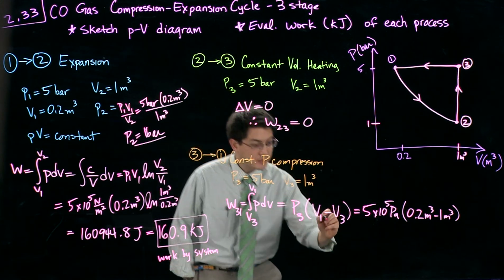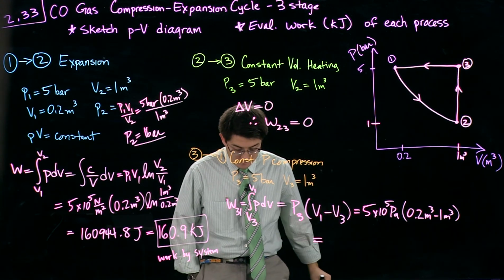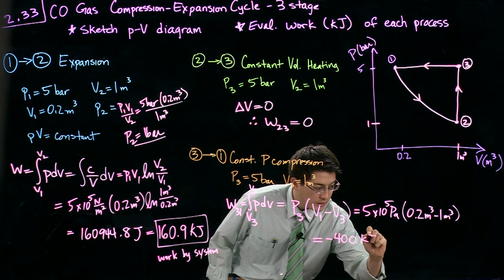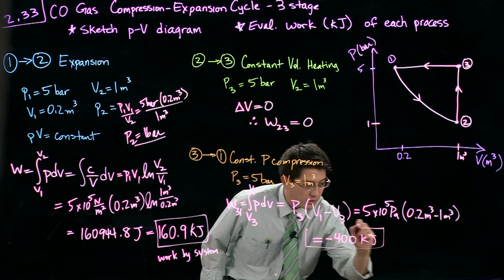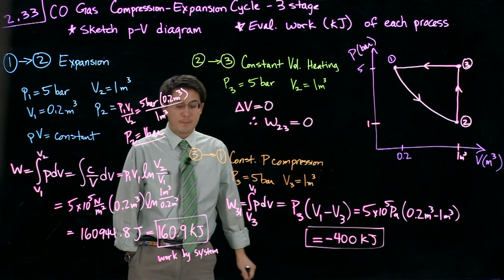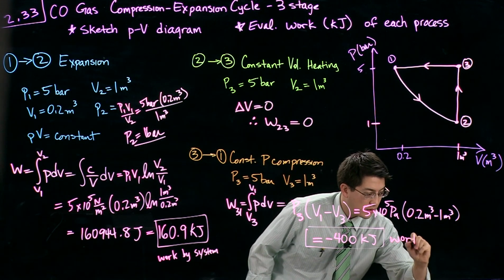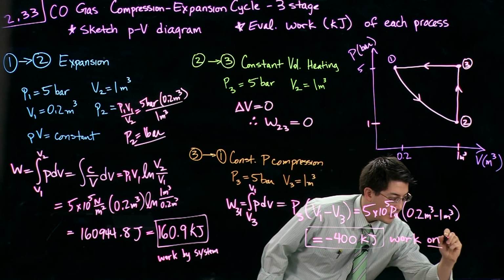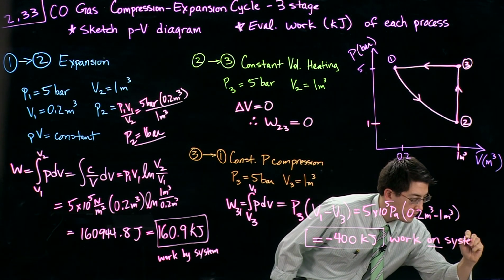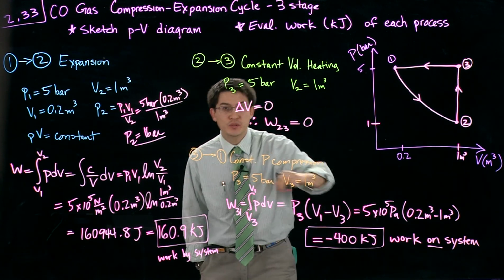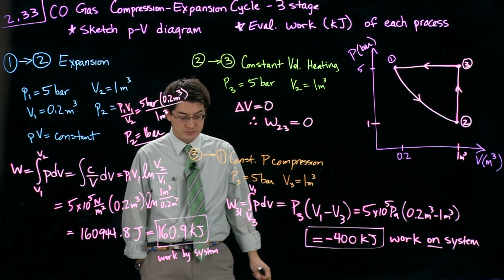This gives us minus 400 kilojoules of work. Minus 400 means work on the system, so that's energy into the system.